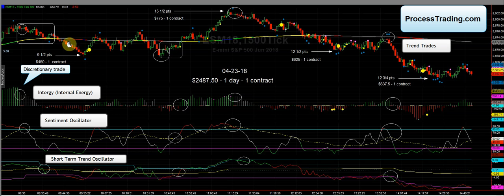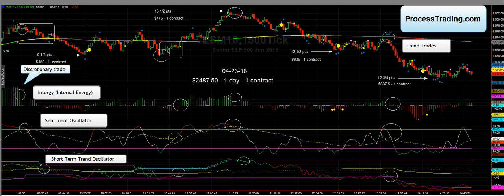Now, if you would have got in at the high and out at the low, that would have been 9.5 points, or for just one contract on the S&P E-mini, that would have been $450. Now, this chart is of the S&P E-mini 1500 tick bar chart. That's primarily what we use on the processtrading.com.